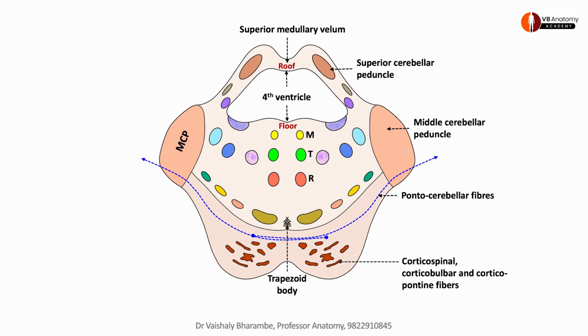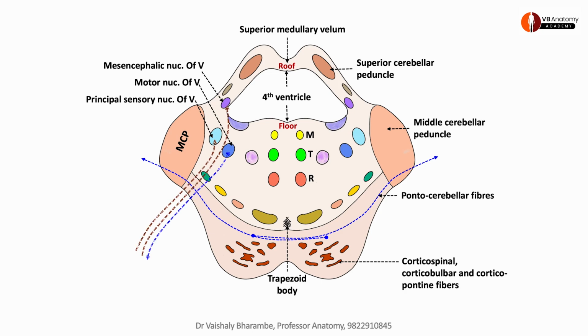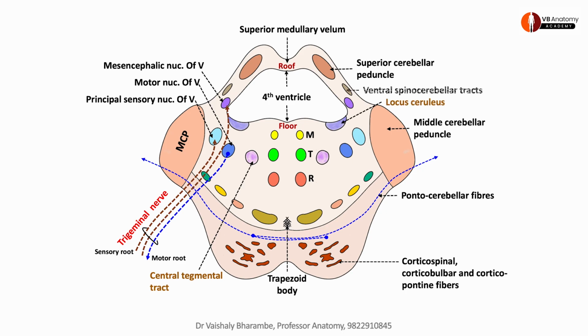We'll now go to the trigeminal nerve nuclei, mesencephalic nucleus of trigeminal, motor nucleus of trigeminal and principal sensory nucleus of trigeminal. If you wish, you can draw such axons emerging out, helping to form the trigeminal nerve, its sensory as well as the motor root. Finally, label the central tegmental tract, the locus coeruleus and the ventral spinocerebellar tract.